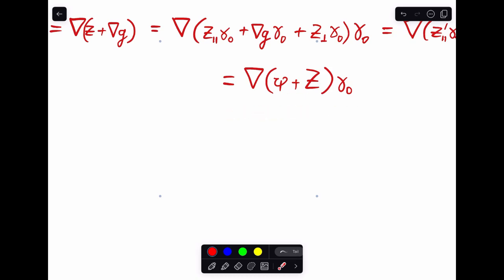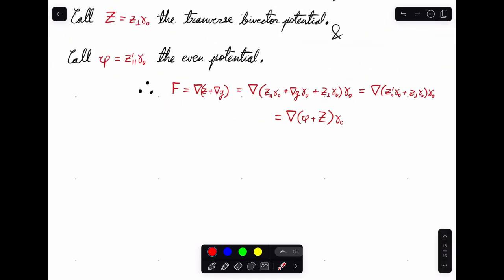This is how the problem can be reduced to a bivector potential, where this is an even potential, so it has scalar and bivector components, and this has only bivector components.